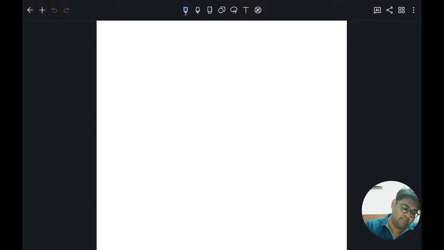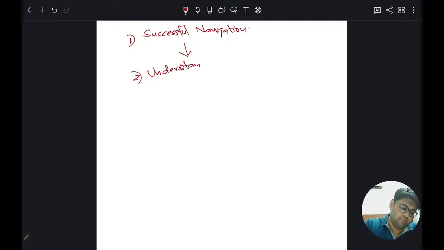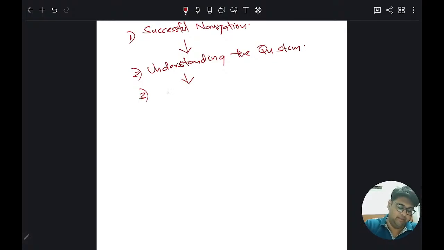Before we start, I have to tell you two, three things that will be really helpful. The first step in an RC is successful navigation, the second step is understanding the question stem, and the third is eliminating the options.